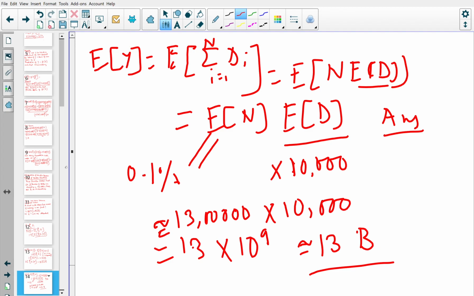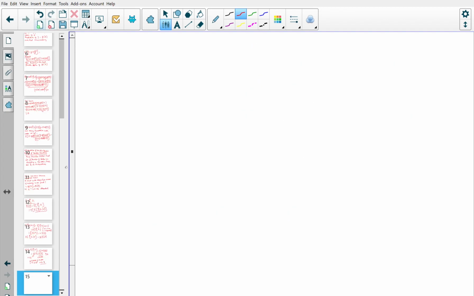This is an example of how to find the expectation of a sum of random variables. Clear? By this we will stop with the expectation topics.